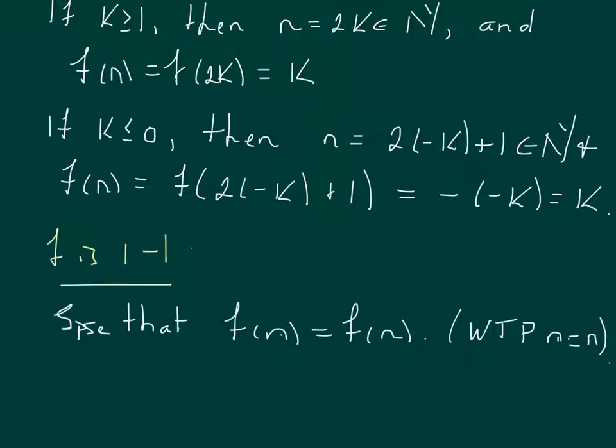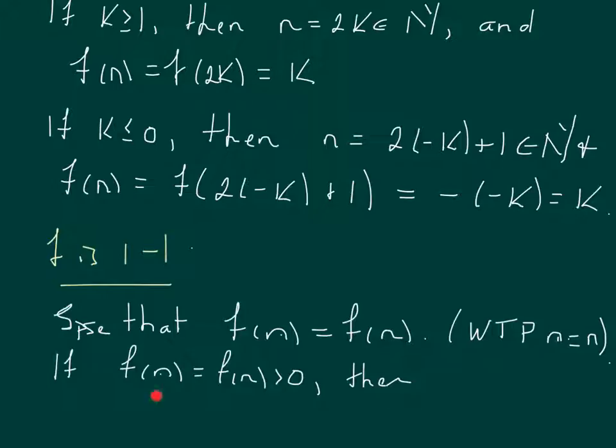So first, let's suppose that this common value is greater than 0. Well, if it's greater than 0, then what can we say about m and n? If you remember, only even numbers, m and n, get to map to positive values.